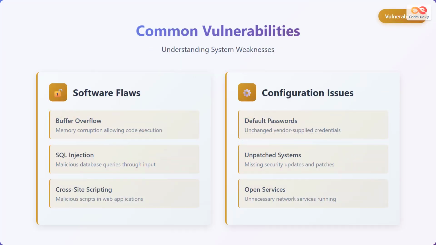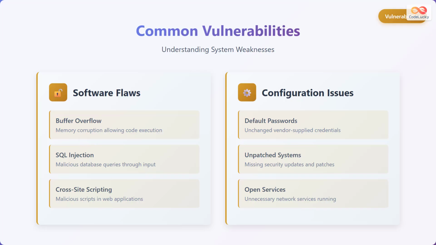Vulnerabilities represent weaknesses in systems that attackers can exploit, and understanding them is essential for effective cybersecurity defense. Software flaws constitute a major category of vulnerabilities. Buffer overflow occurs when programs write more data to memory buffers than they can hold, potentially allowing attackers to execute malicious code or crash systems.